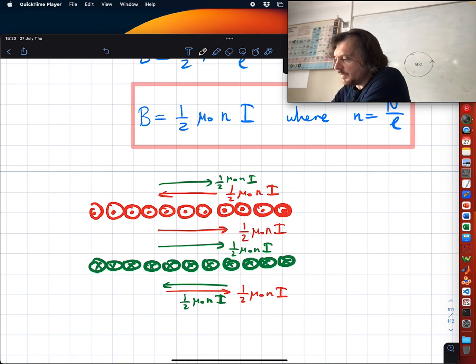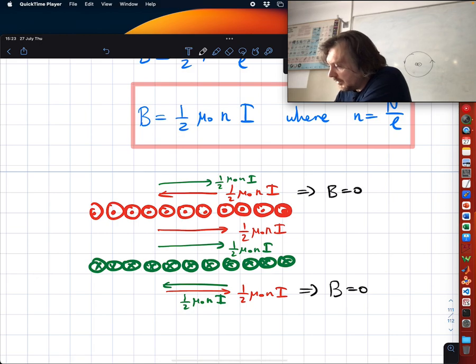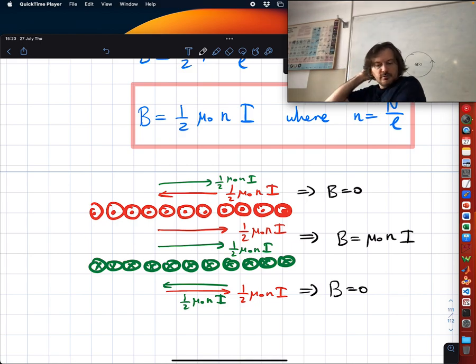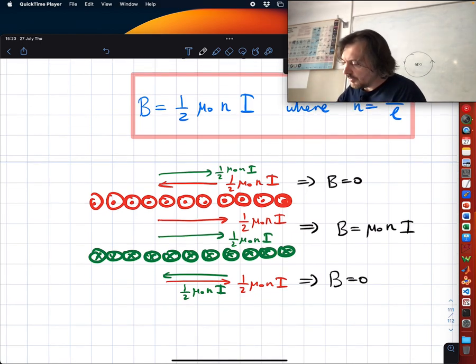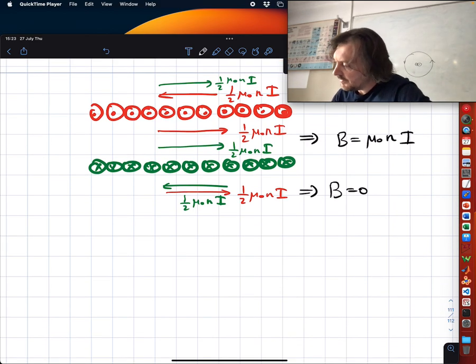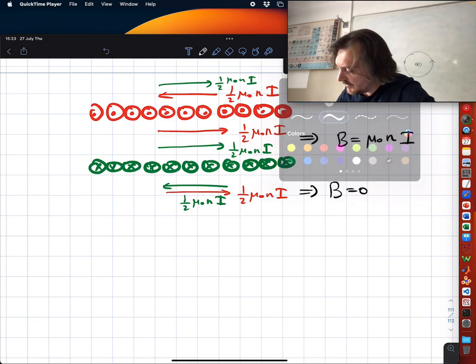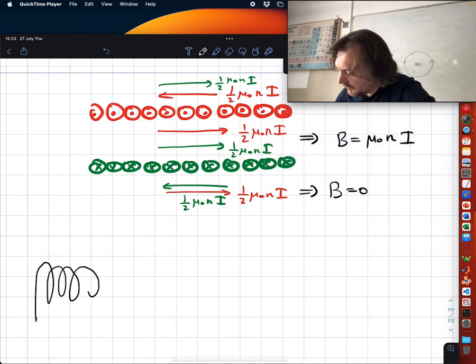So these ones will cancel each other out. B is 0, B is 0, but over here B is mu 0 Ni. Okay? So for a solenoid, we have discovered that if you have a solenoid, let me just draw a solenoid.